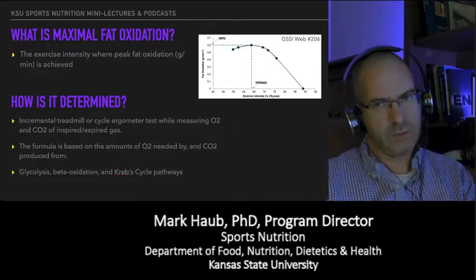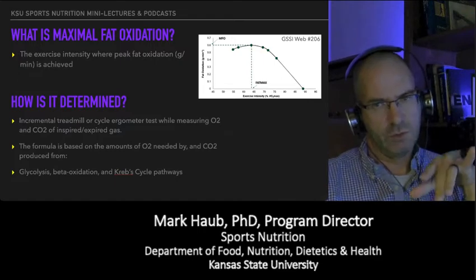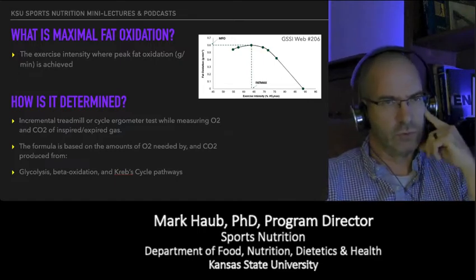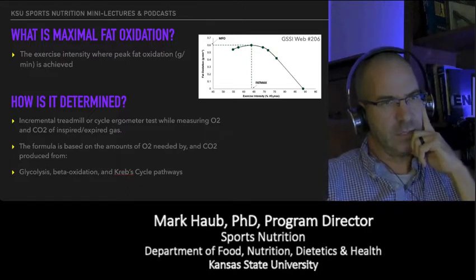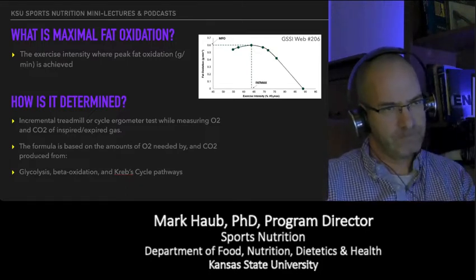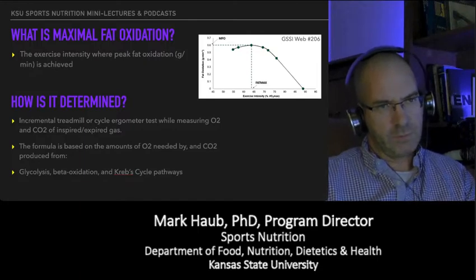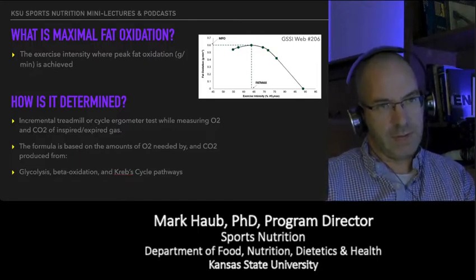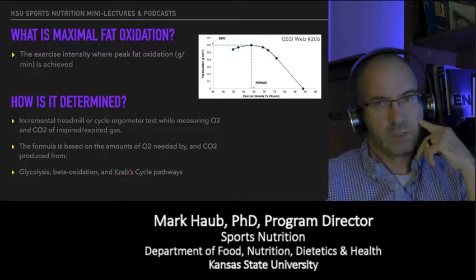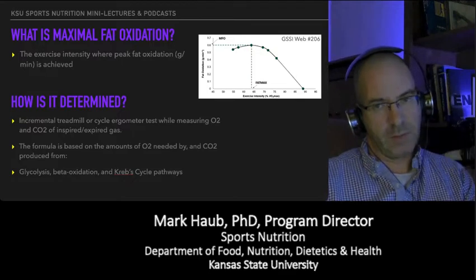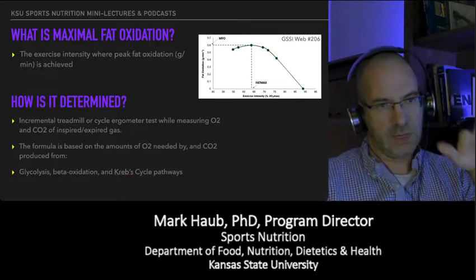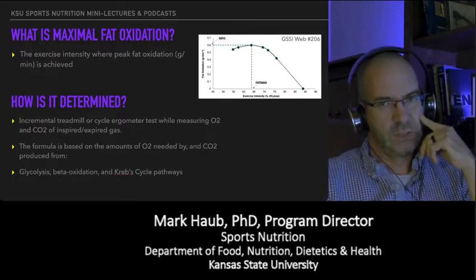So we can measure the extraction, how much O2 was used to do that work, as well as how much CO2 was produced. Typically it's done on a treadmill or cycle ergometer test while measuring O2 and CO2. The formula is based upon the amounts of O2 needed by and CO2 produced from glycolysis, beta oxidation, and Krebs cycle pathways. Those pathways give off metabolic byproducts, which go into the calculations of how much fat.